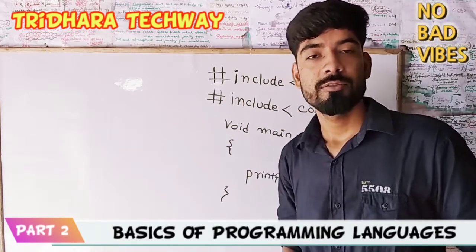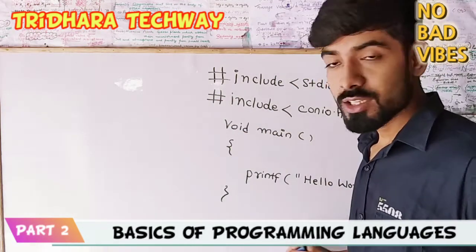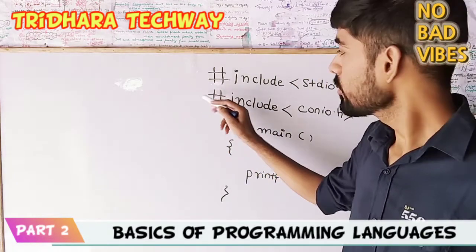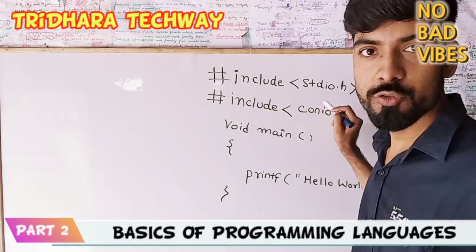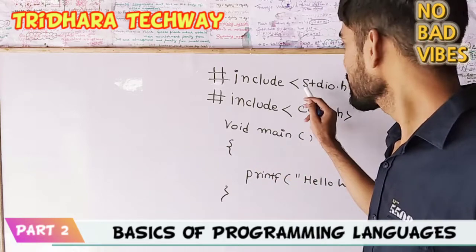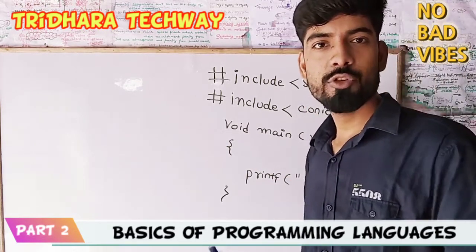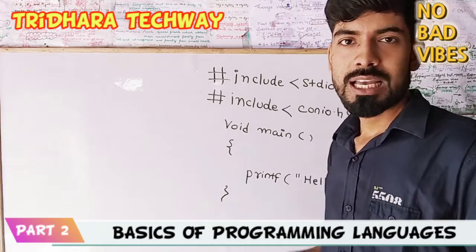The preprocessor directive makes the compiler aware that before executing this program you have to include these two files in this program. These two files, stdio.h and conio.h, have to be included in this program.